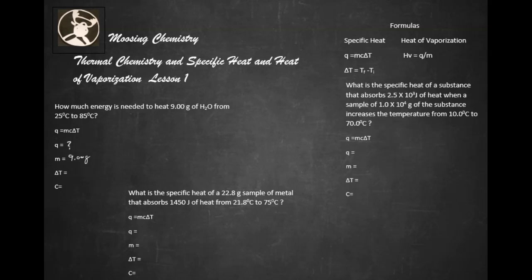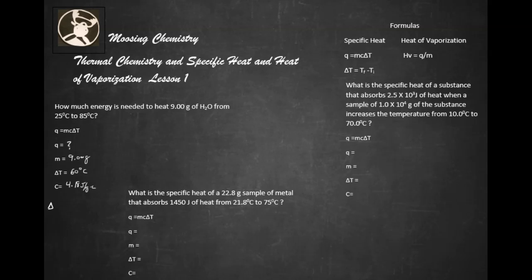Our delta T is going to be 60. How do we know it's 60 degrees Celsius? I'm going to show you that in just one moment. And our specific heat for water at room temperature is 4.18 joules over grams times Celsius. How do we get this 60 here?